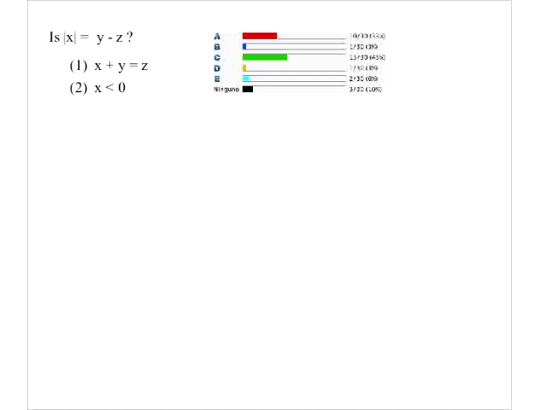And while we're at it, we're going to do a review of the two most useful ways to approach data sufficiency. So when you have algebraic data sufficiency problems, the two primary ways to approach them are these.